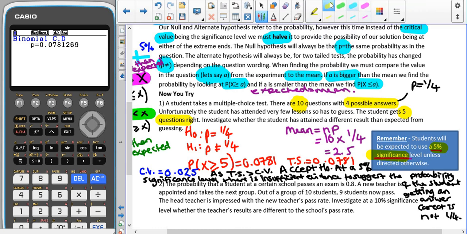And the reason why we have to put that is that, remember, when we write our conclusion, we are referring to our H1. Our H1 is that the probability is not a quarter. So in our conclusion, we are writing about not a quarter.